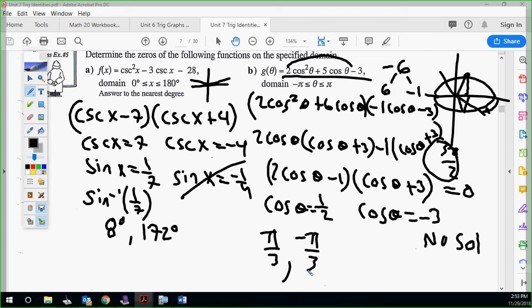Negative pi over 3. So it's pi over 3 this way, negative pi over 3 that way. That's how you can write it so it's within the parameters. When Bree is talking about 5 pi over 3, it's correct, but we have to write negative pi over 3 because of the domain. Okay, that's it.